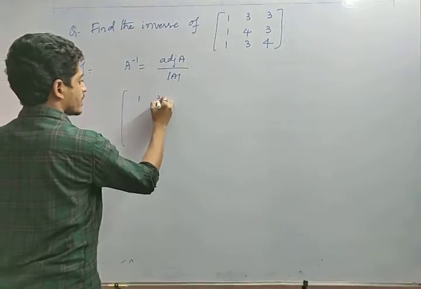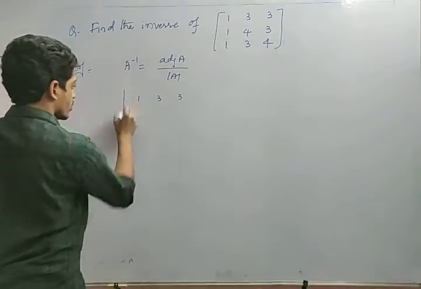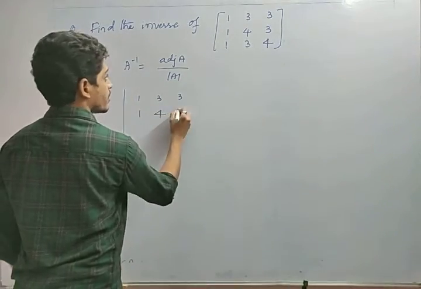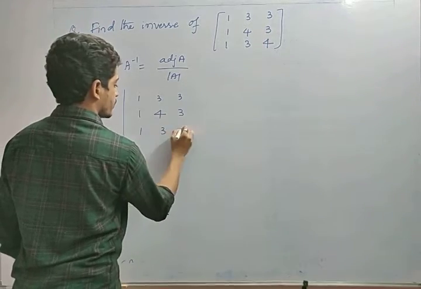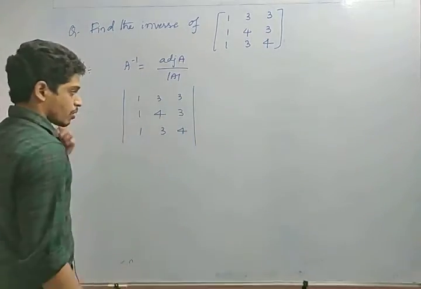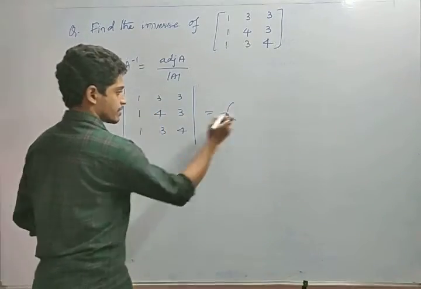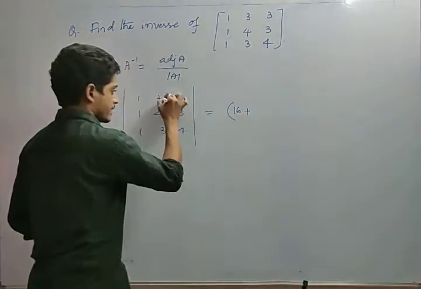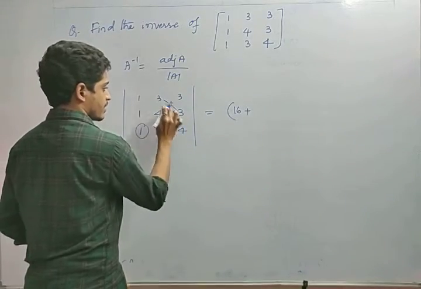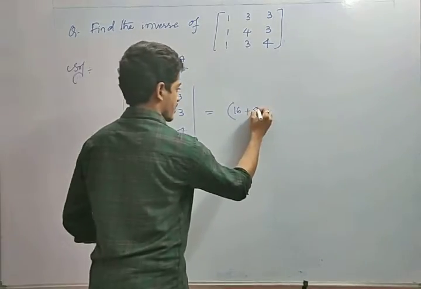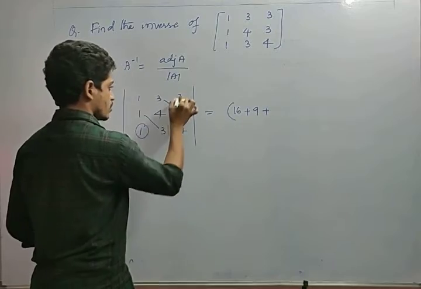So how to calculate the determinant, friends? I have already told the shortcut to find the determinant. 1, 3, 4, right? Now how to calculate it? First take this diagonal. 4 4s are 16, 1 16 plus later these two and this element. 3 3s are 9 into 1, 9 plus next these two and this element.